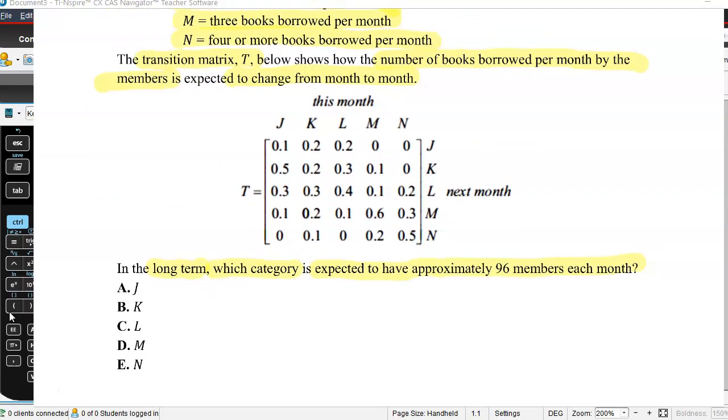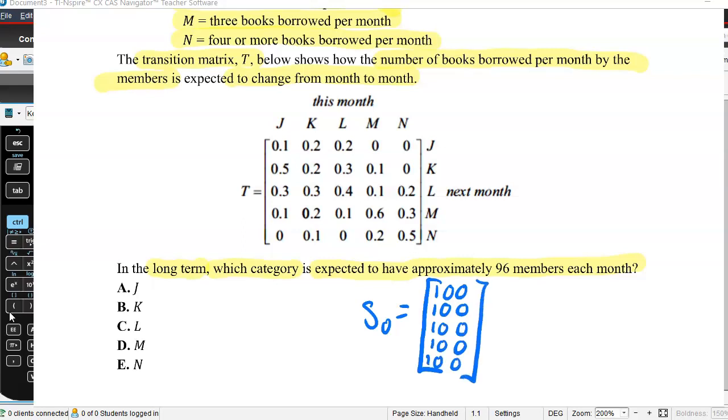So what we can do is say, well, that S0, there's 5 categories, so we're going to put 100 into each category.